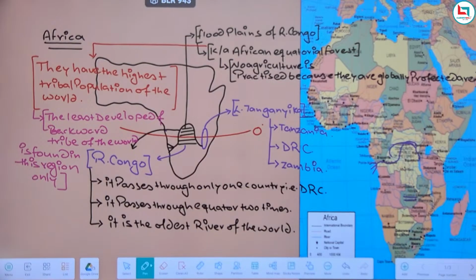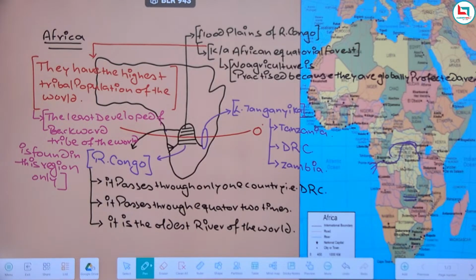And remember one thing, guys, this river crosses the equator twice, and it is the oldest river of the world. When we talk about the floodplains, this river forms its floodplains, and these floodplains are known as the African equatorial forest.